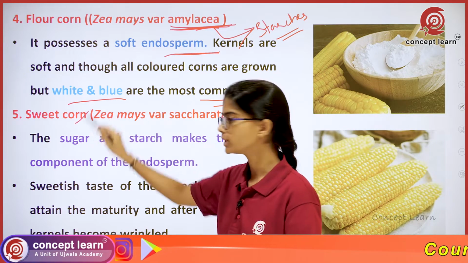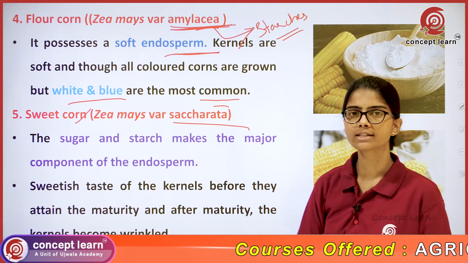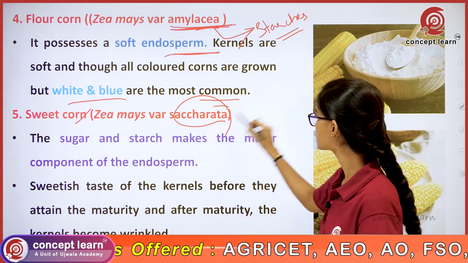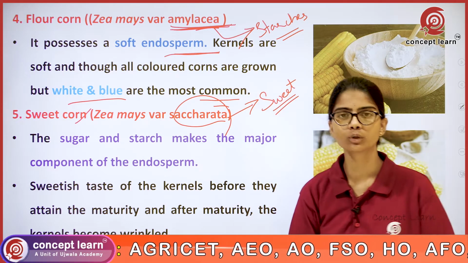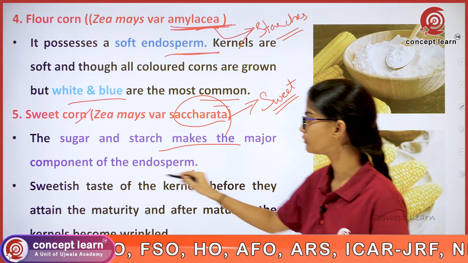And the next one is sweet corn. The scientific name of sweet corn is Zea mays saccharata. The name indicates that saccharata means sweet. The presence of sugar and starch makes up the major part of the endosperm.